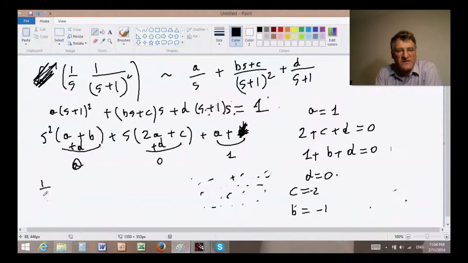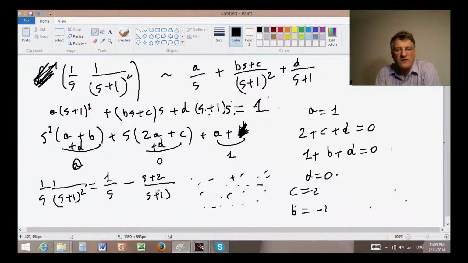So 1 over s times 1 over s plus 1 squared is now equal to 1 over s minus s plus 2 divided by s plus 1 squared.